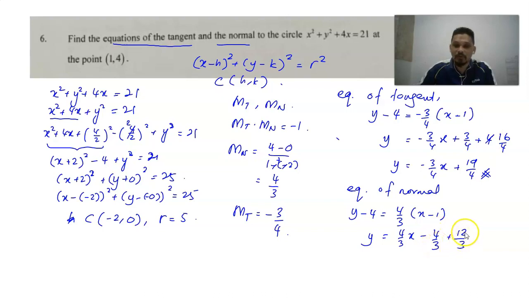Then 4 over 3 x, negative 4 plus 12, gives 8 over 3.